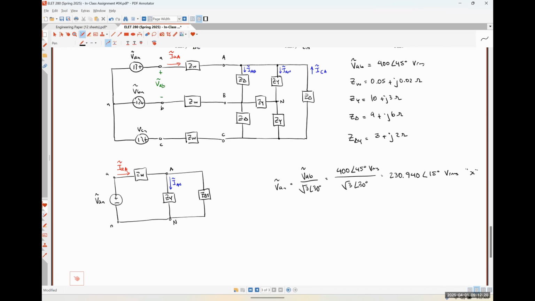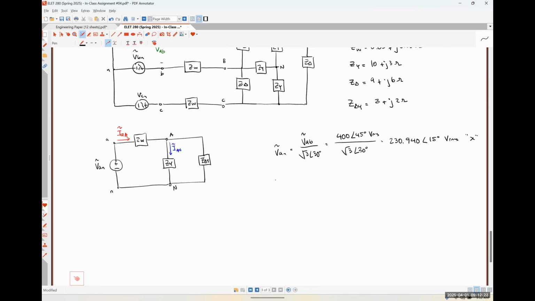So the equivalent impedance is just ZW in series with the parallel combination of ZY and Z delta Y, right?